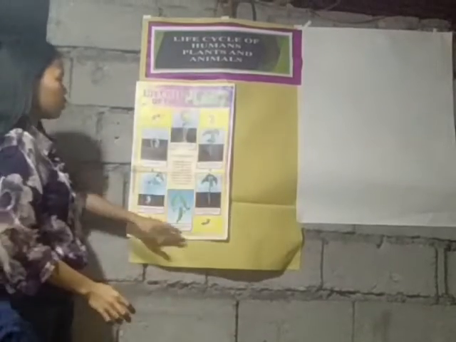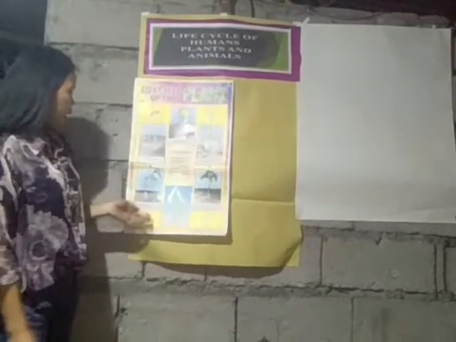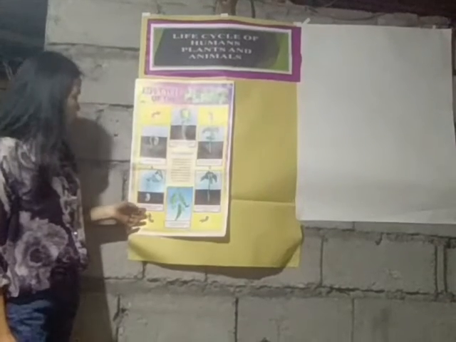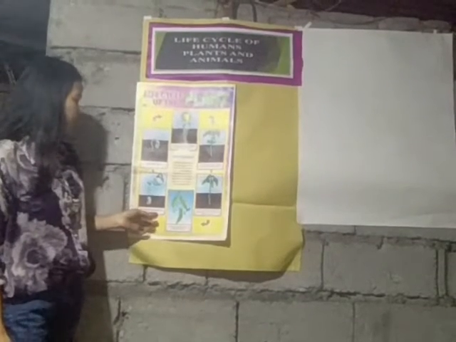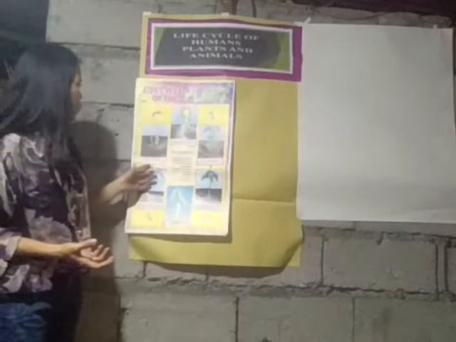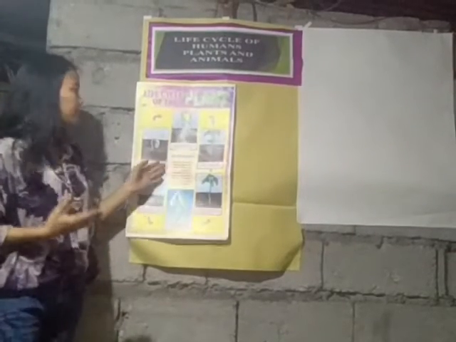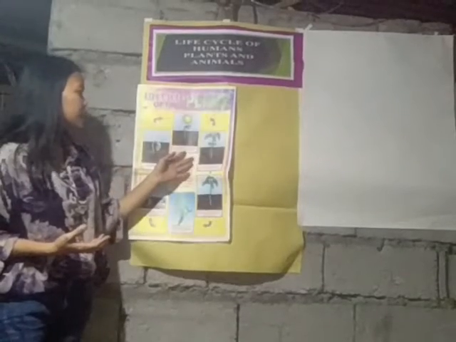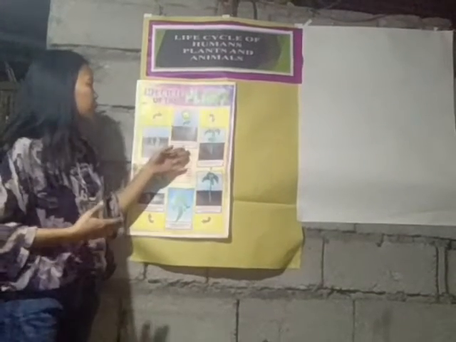Now we have here a chart, the life cycle of a plant. A plant can grow from a seed. When water is added to the seed, it swells and the seed bursts open. First, the young root appears. Next, because of the sunlight, the skin is split and the shoot straightens, pulling the cotyledons with it.